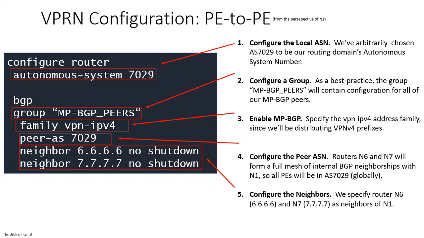And this is when we enable multi-protocol BGP. We specify the VPN v4 address family with the command family VPN-IPv4. And we specify the peer AS 7029 as well as our neighbors, which is going to be router N6 and N7. And since our peer AS matches our local AS, these will be internal multi-protocol BGP neighborships.